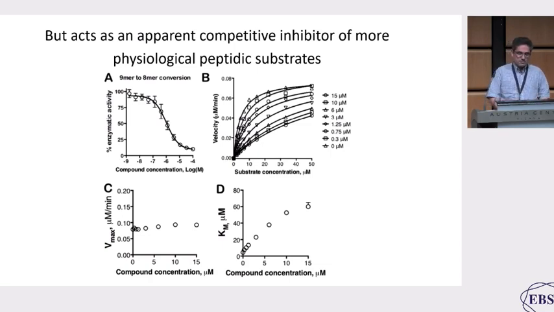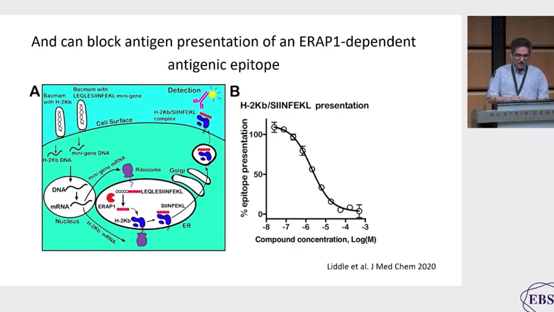So how can that be? How can you have an inhibitor having those sort of opposite functions? This is not very important. This shows that it's active in a cellular assay, that it's active in regulating antigen presentation in cells also.